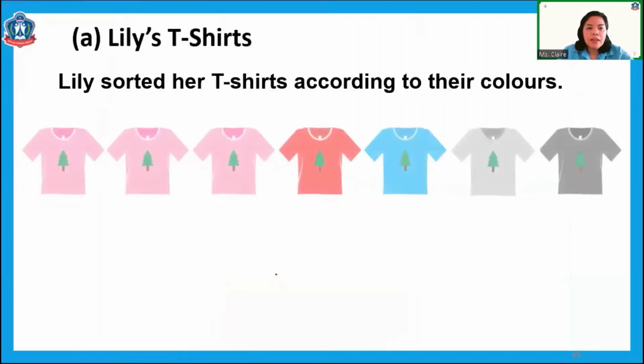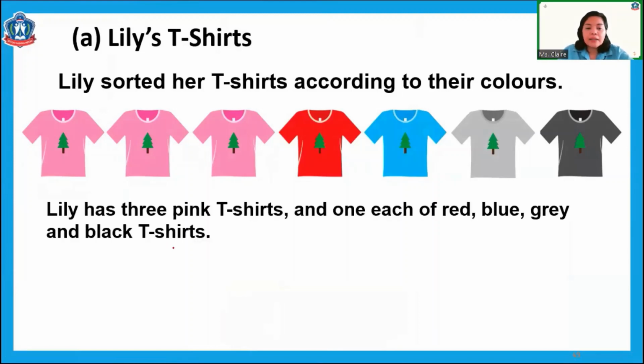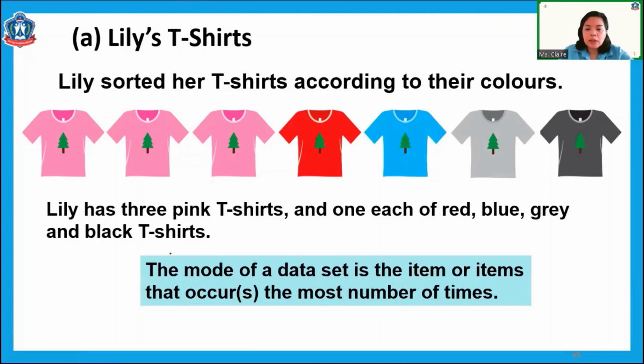Okay, I have here some of Lily's t-shirts. Lily sorted her t-shirts according to their colors. So we have pink, red, blue, gray, and black. Lily has 3 pink t-shirts and 1 each of red, blue, gray, and black t-shirts. So we will talk now about mode.